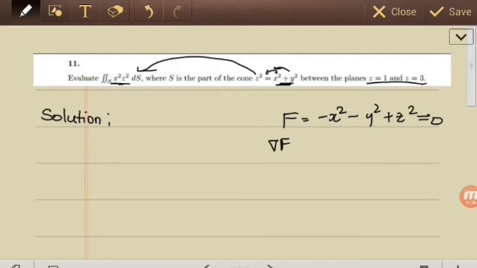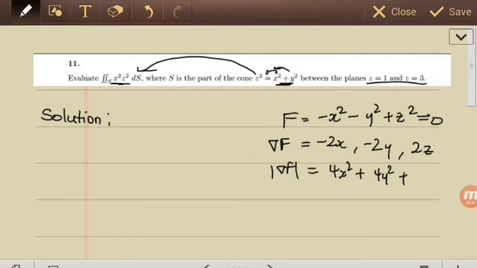Then when I take the partial of this, partial of x is equal to minus 2x, partial of y, partial derivative of z, and then take the magnitude of nabla. It's the root of 4x squared plus 4y squared plus 4z squared. Here we substitute with f.